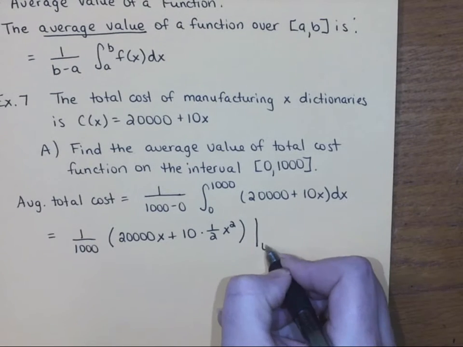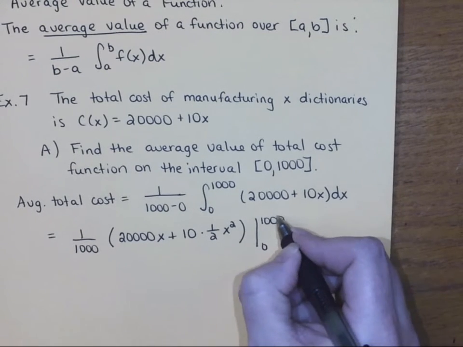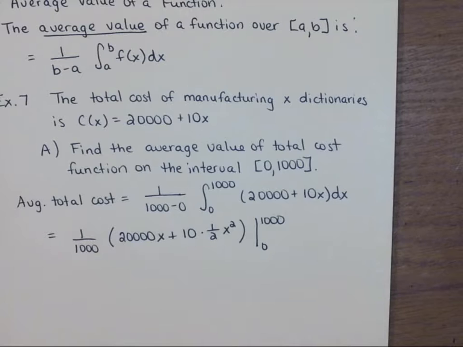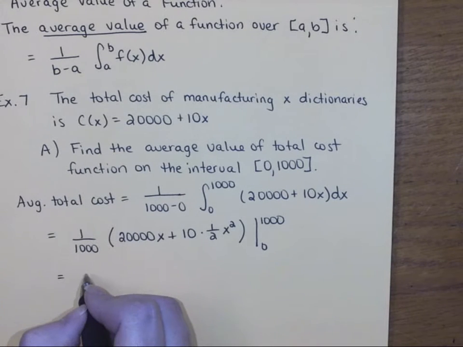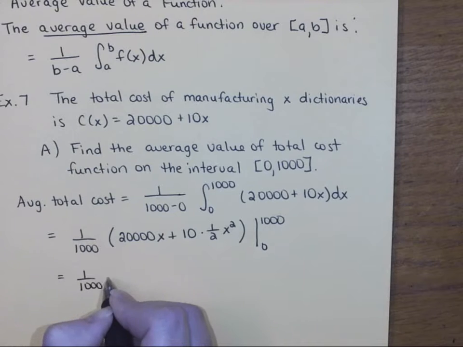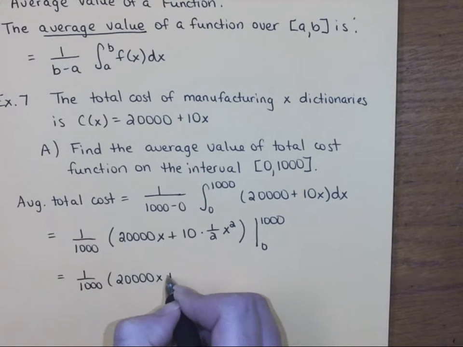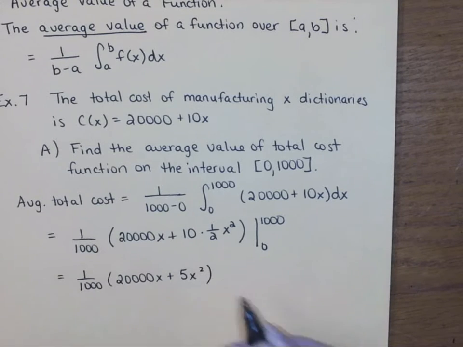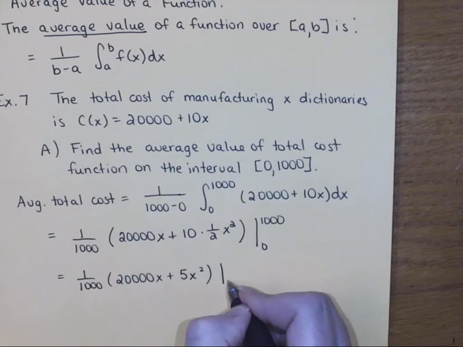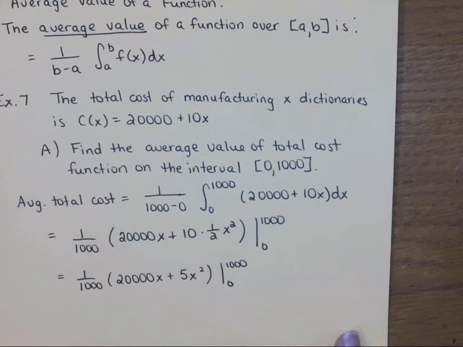And then don't forget this notation which says, hey, I'm going to plug in 1,000 and 0 and subtract them. So let's clean this up a little bit. This is 1 over 1,000 times 20,000x plus 5x squared. And we still want to plug in 0 and 1,000.